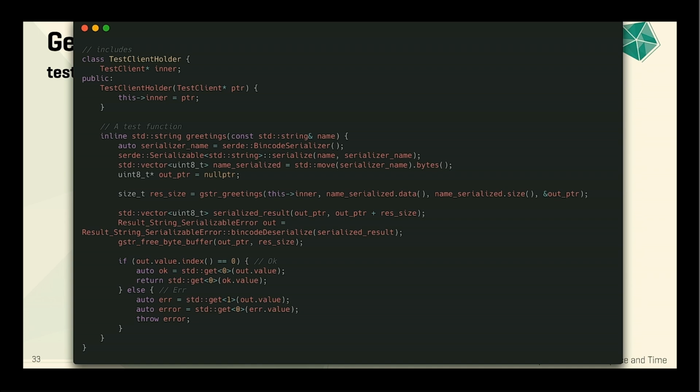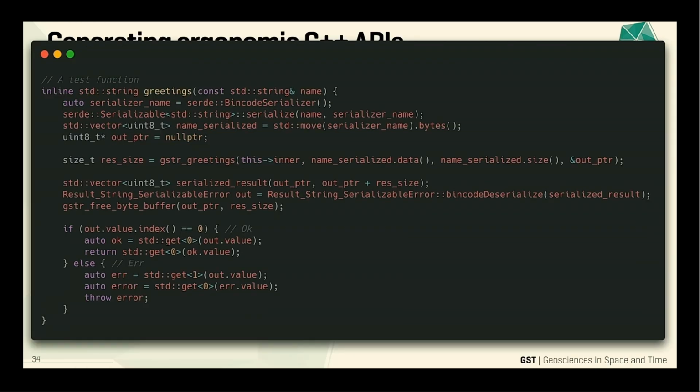We serialize the input, prepare the output pointer, call our function gstr greetings, and then when we get the result, we deserialize it to a bit of a weird looking type here, result string serializable error. String serializable error, which we're going to have a look at in a while. Also, anything that was returned by Rust, we free directly. We don't have to care about that. And at the end of the day, we only have to check, is the result okay, or if it's an error.